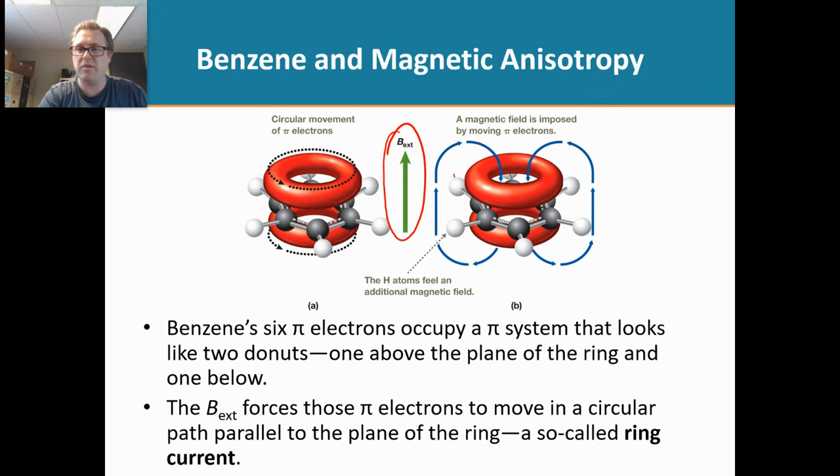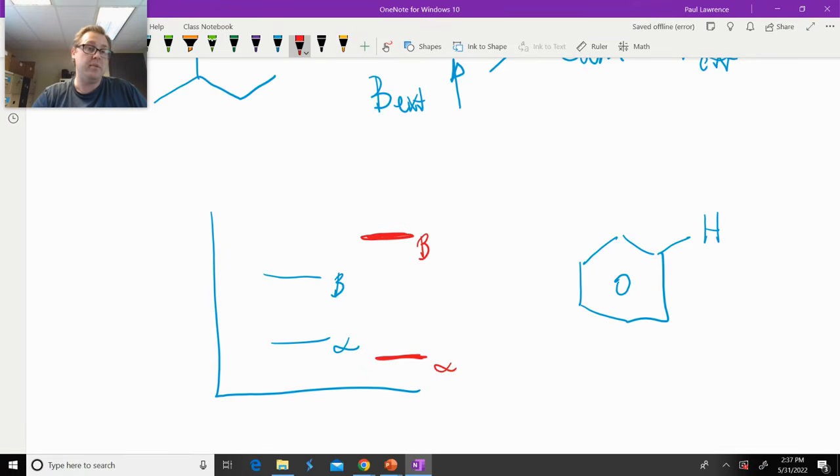Okay, so that's kind of what we're envisioning here. These magnetic lines are touching the hydrogens, whereas these are not. Okay, so that's why we see such a large chemical shift around 7 or 8. It's because of the magnetic anisotropy making this change of energy of the spin state so much larger than what we would predict.